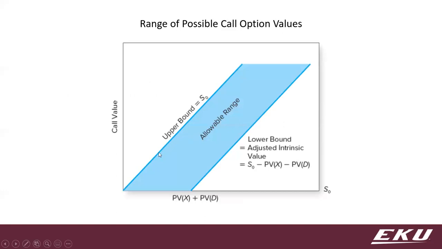So this is our upper bound, which is equal to the stock price. And then the lower bound is the present value of all those dividends and the present value for that exercise price.